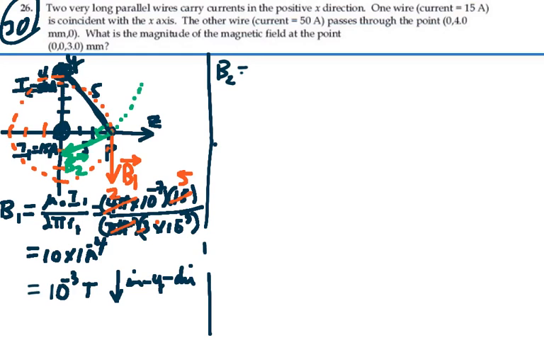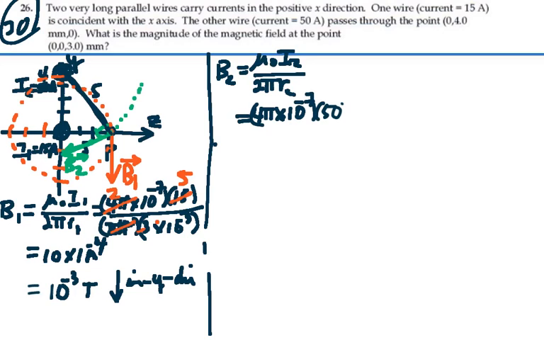Magnetic field B2 has a magnitude mu naught I2 over 2 pi R2, and that's going to be equal to 4 pi times 10 to the minus 7 times 50 amps over 2 pi, and then we're 5 millimeters away from that wire.